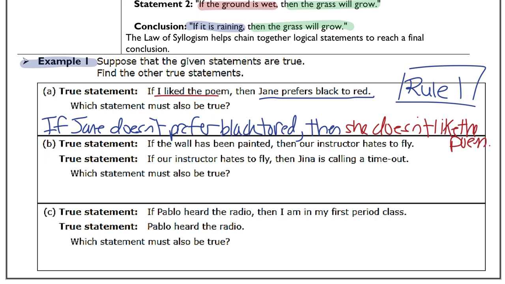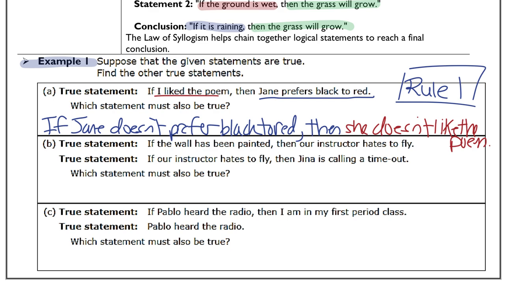So that's just the truth of contrapositive. Again, if we flip these around and negate them, that will always be true if that first statement is true, or if that first statement was false, that will always be false. Remember, those always have to be a pair together.